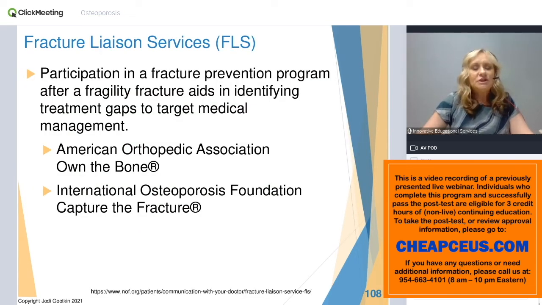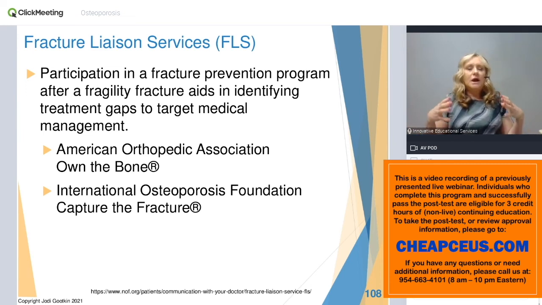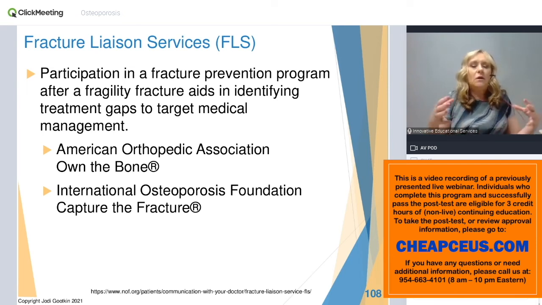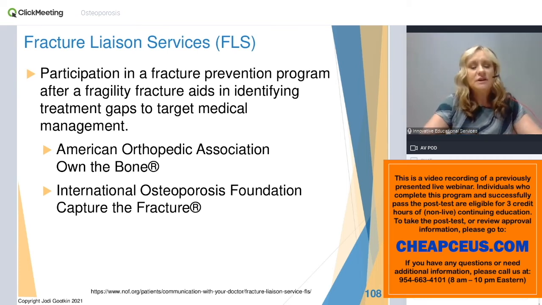Fracture liaison services are the opportunity to fill the gaps and help coordinate everything that we've discussed, because you might be thinking now, great, I want to hit on all these different aspects, but they might not all fall within the scope of the referral that you're receiving. So fracture liaison services might be available through insurance. They're also available through the American Orthopedic Association and the International Osteoporosis Foundation, where there are newsletters, resources, and tools available.